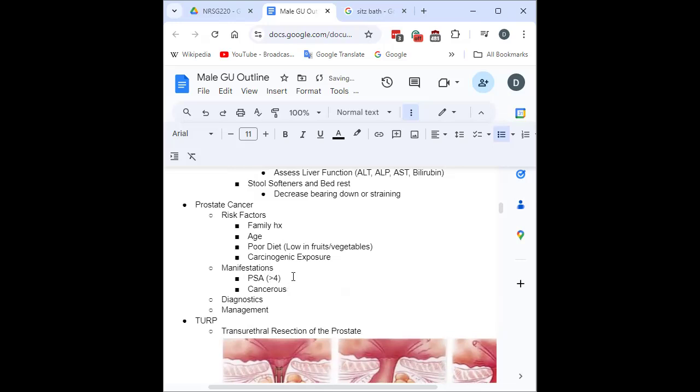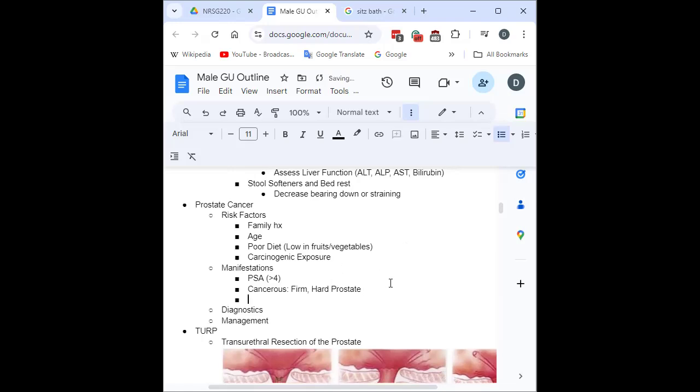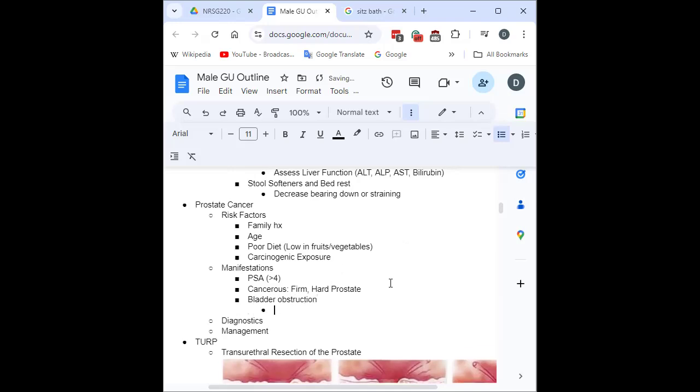I think cancerous will be a firm and hard prostate. Someone said painless, and I believe that's right. Painless, urinary retention. Yeah, so you'll have bladder obstruction. It can lead to urinary retention, dysuria, bladder infections, and blood in the urine.